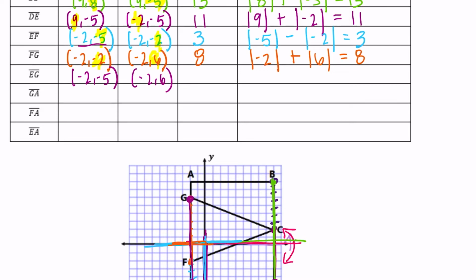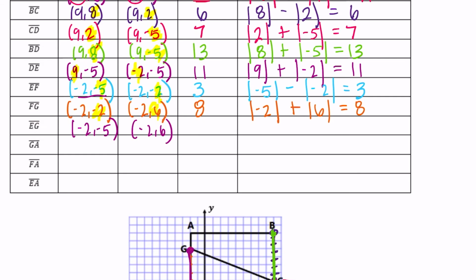So they are on opposite sides of 0. There's 0 right there. They're on opposite sides, so we're going to be adding them. And their y's are different. So let's do -5 plus the absolute value of 6. 5 plus 6 is 11. So their distance is 11.